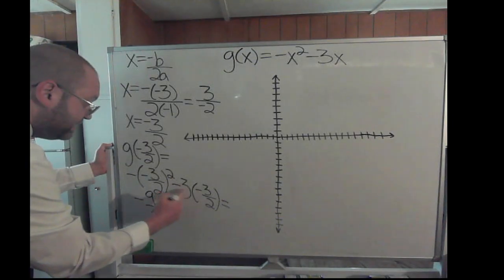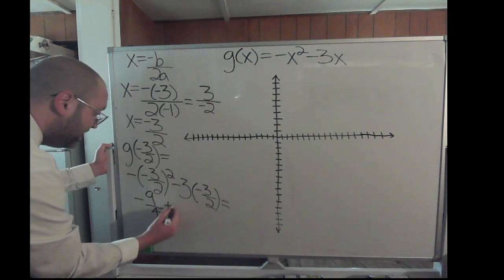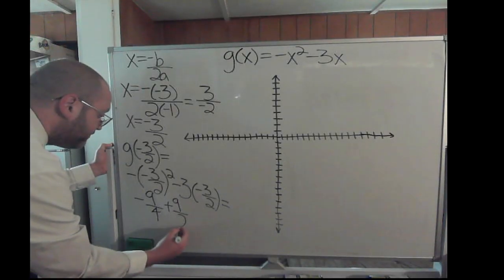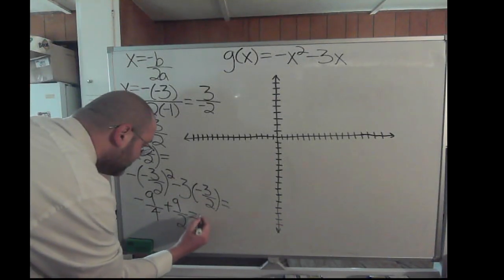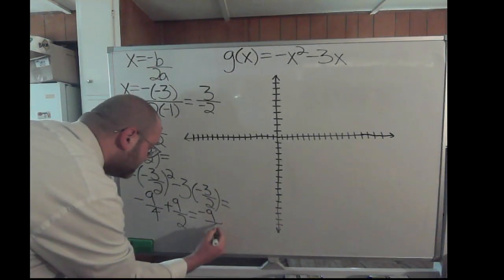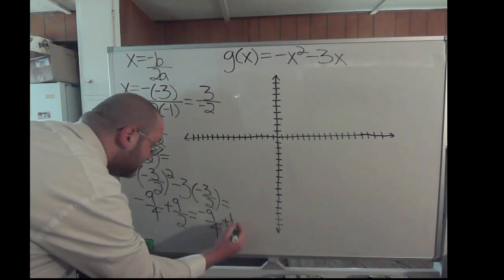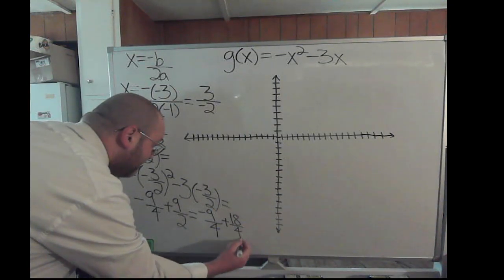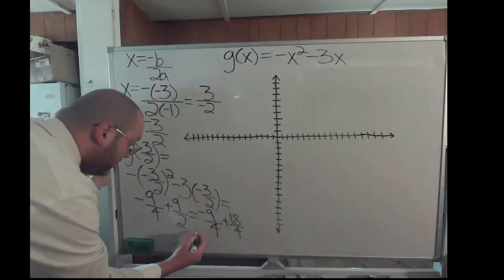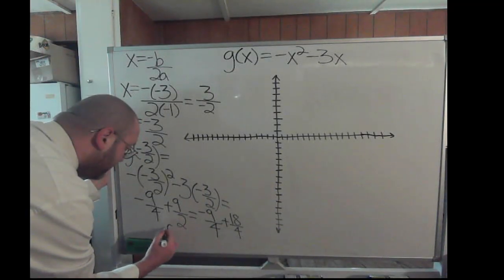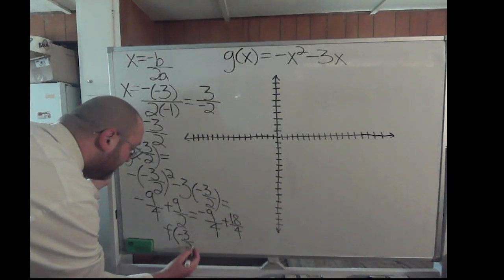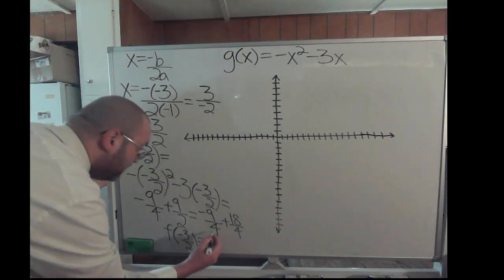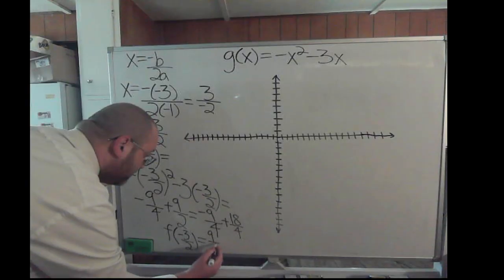And -3 times -3/2, that'd be plus 9/2. Well, -9/4 plus 9/2, that's the same as -9/4 plus 18/4. So g of -3/2 is going to equal positive 9/4.